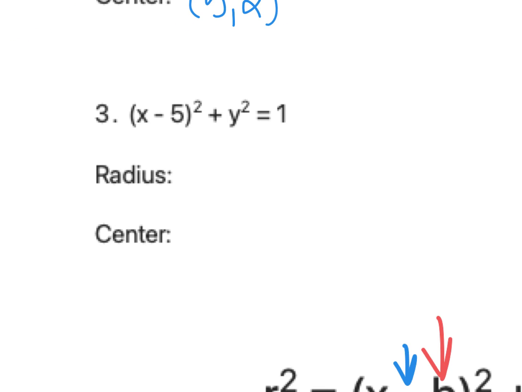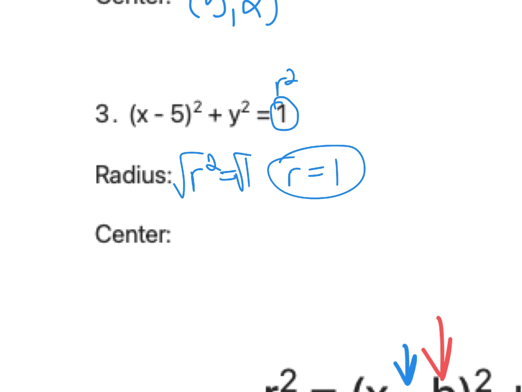Okay, so let's come back over here to number 3. Our radius, remember, is always by itself on one side, and that tells us what r squared is. So r squared is 1, which means to find out what 1 is, we have to take the square root. So our radius is also going to be 1. Our center, here's a subtraction sign. There's nothing added or subtracted to the y right now.